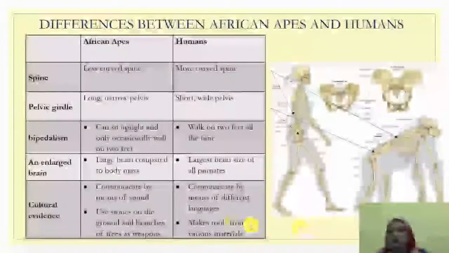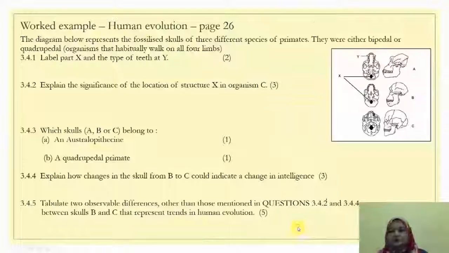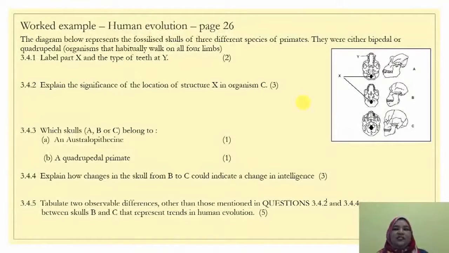Now I'm going a little bit fast, but I want to get to the question so that you know how to answer them. On page 26, they have given us a diagram. When you are given a diagram and you need to identify something, or explain or substantiate your answer, it has to appear on the diagram. If it does not appear on the diagram, you cannot give it as a reason.